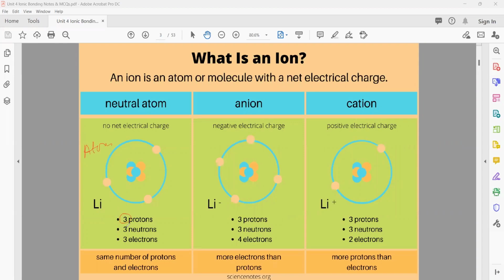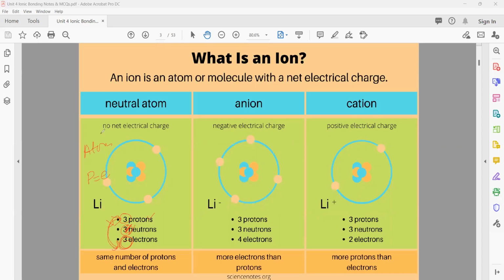Because the number of protons and the number of electrons is the same. Sorry, this is neutron, this is electron, down one. In an atom, the number of electrons and the number of protons are always the same. So whenever they ask what an atom is, you can say that in an atom, the number of protons is always equal to the number of electrons. Got it?